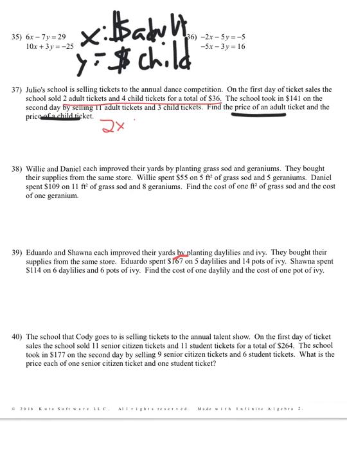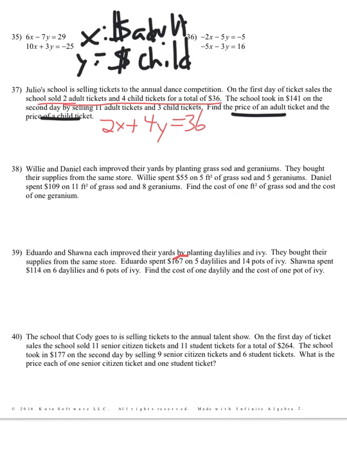Then I'm going to add on what it would cost for 4 children's tickets, which is 4 times the cost of a child ticket, or 4y, and that has to equal 36. There's the first equation in my system from that sentence right there.